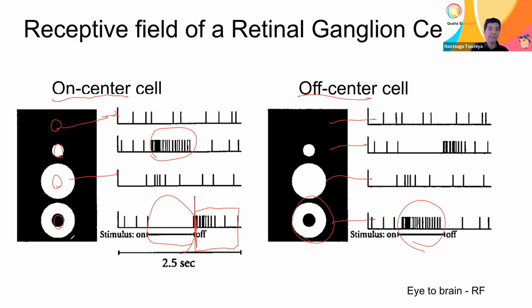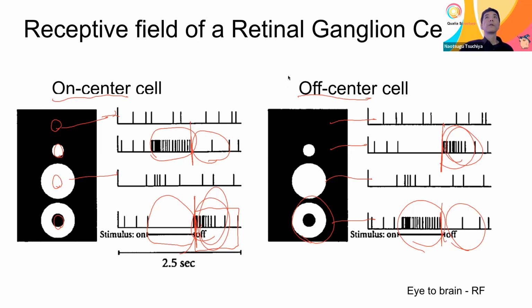When you turn off the non-preferred stimulus, it induces a lot of response here. Same here, lots of response here. But if you remove the stimulus that evokes activity from the cell, that suppresses the activity here, and suppresses activity here. That is important to consider for afterimages later.